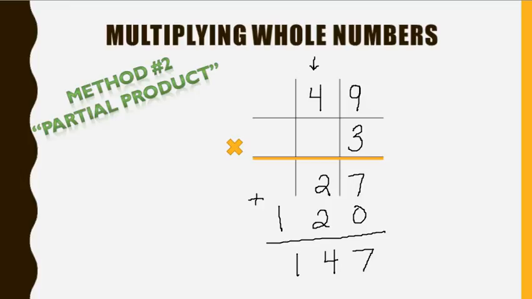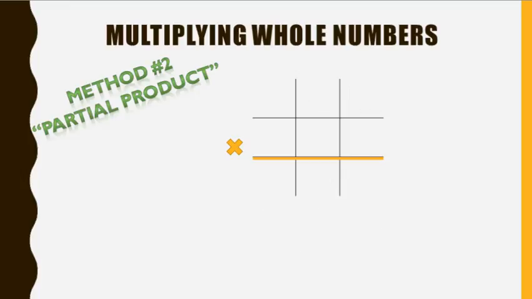It does work. So let me try 2 digits times 2 digits on this one. Let's say 26 times 41. So we're going to do 1 times 6, and then 1 times this 2, which is 2 10s, or 20. 1 times 20 is 20.